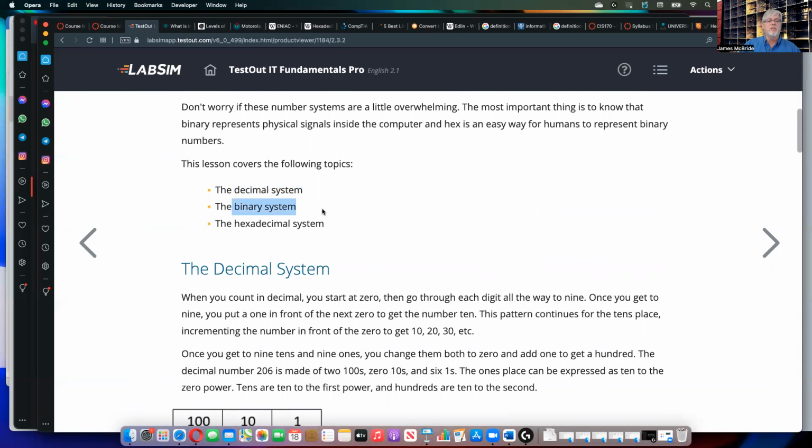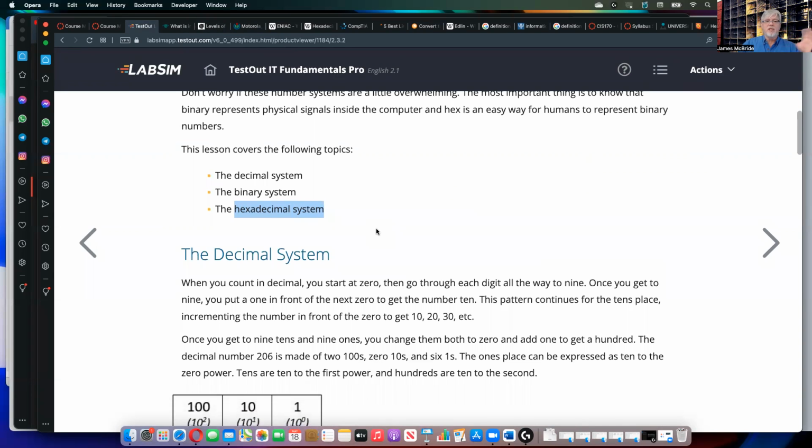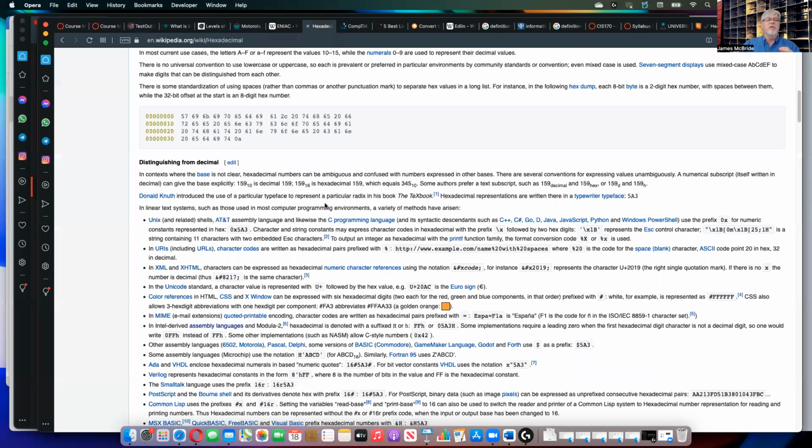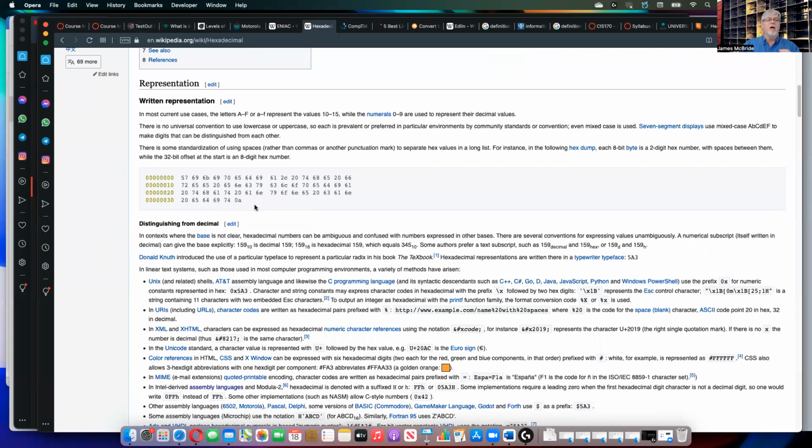Computers use the binary system, and hexadecimal systems are something that's in between that. So this is a numbering system that is used to help in programming. And that numbering system, hexadecimal, goes quite a ways back. But it's basically a way to say, I'm going to have different values.